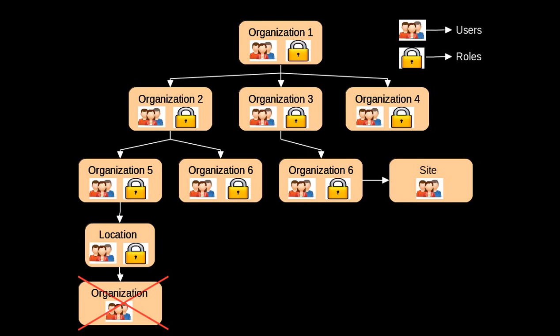For many situations, organizations will be enough to match the desired structure. Only very complex structures will require the additional use of a location. So if a user belongs to an organization that has parent organizations, he or she will be able to navigate and view the site of each of those parent organizations.